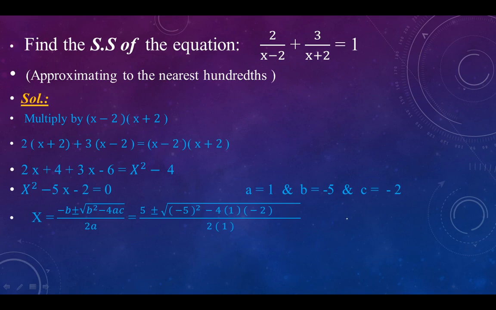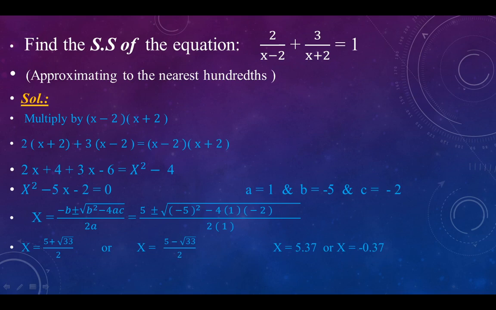By using the calculator, negative 5 power 2 minus 4 times 1 times negative 2 equals 33. Now x will be 5 plus root 33 over 2, or x equals 5 minus root 33 over 2, because we have positive and negative.